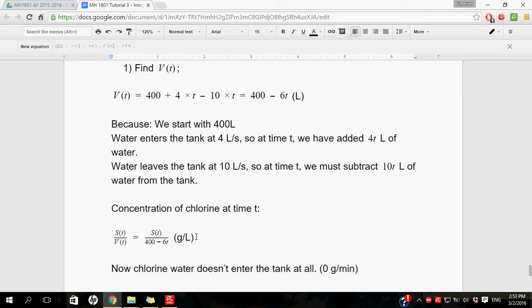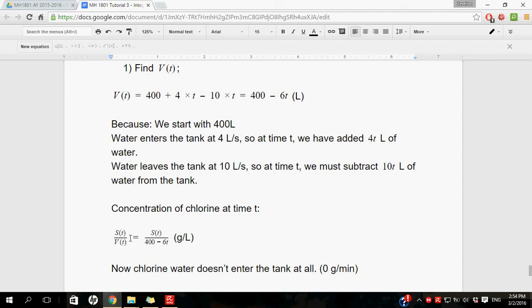We also want to find out what the concentration of chlorine is at time t. In other words, if we think about units, we want to understand how many grams of chlorine there are per unit volume of water, which is in liters.